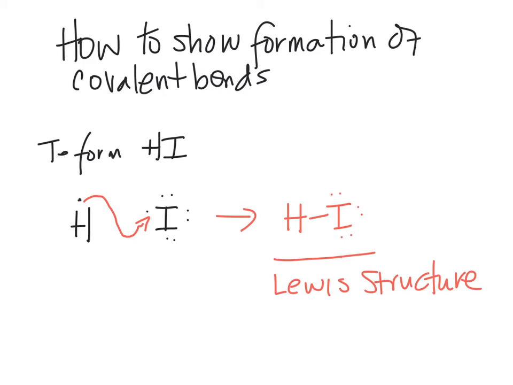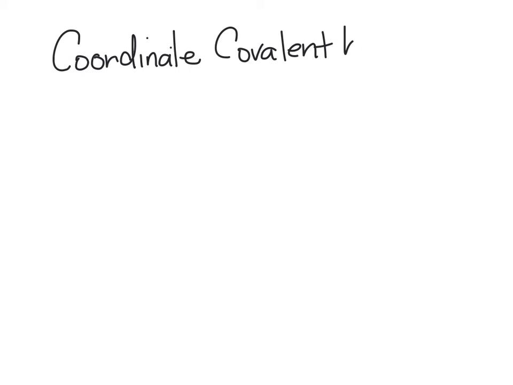All right, 1 special kind of bond, and then we're done. Do it on the same sheet. Coordinate covalent bonds. So I've shown you covalent bonds where one electron from each atom come together, form a bond.